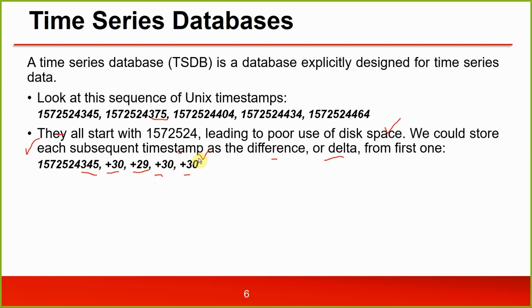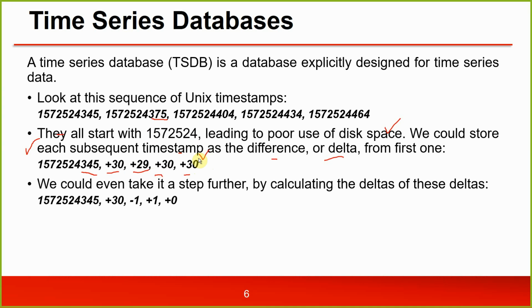If we take delta of deltas, we can go one step further by calculating the deltas of these deltas. That will make it plus 30, minus 1, plus 1, and 0. That means this is plus 30, and the 29 means 1 less than the previous one, which is minus 1.